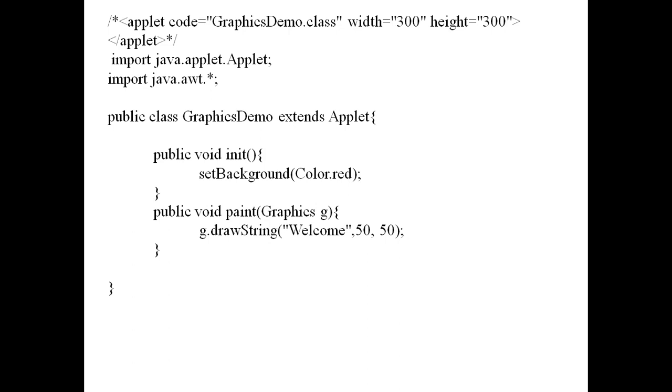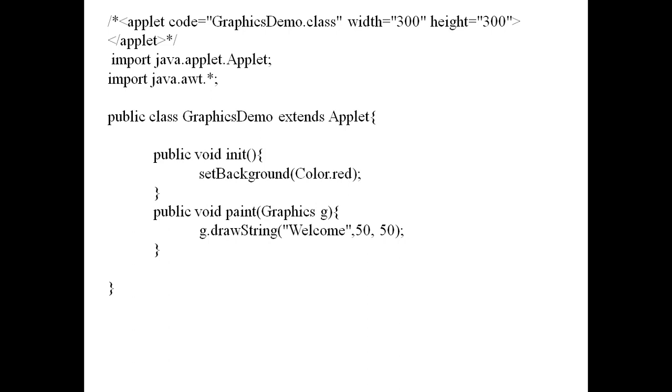Now similarly in the paint method, I am simply drawing the string welcome at the position 50, 50. So when I run this program, I will get an applet window with height 300 and width 300, and welcome will be displayed in the body of the applet where the x coordinate is 50 and y coordinate is 50.